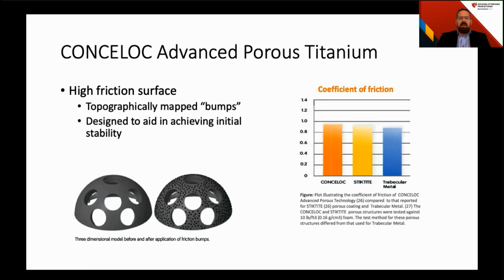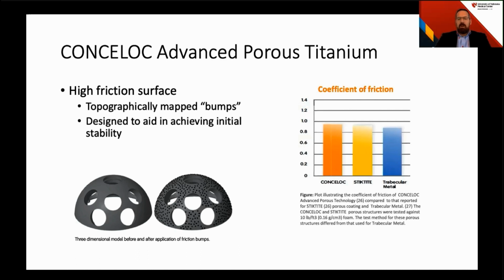The other benefit of this material is that, as I mentioned, this high friction surface, they were able to place these topographically mapped bumps, which really help to aid in that initial stability with your press fit. And if you look at the coefficient of friction of this material, it's quite high, greater than 0.95.